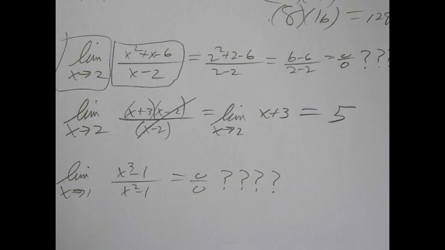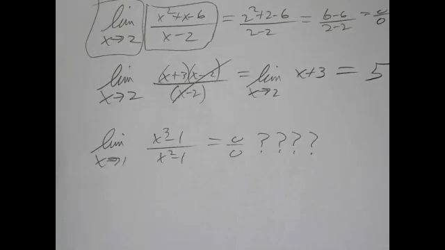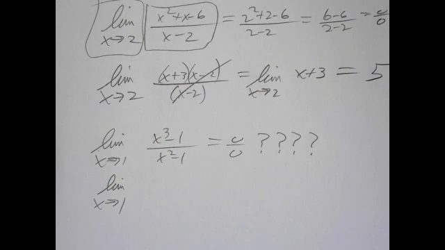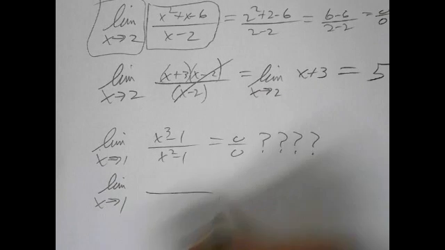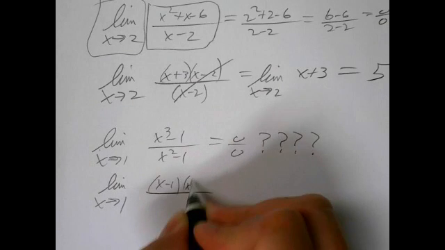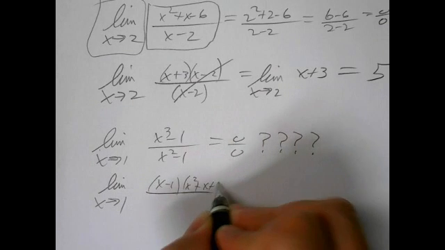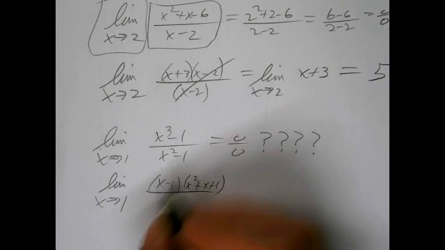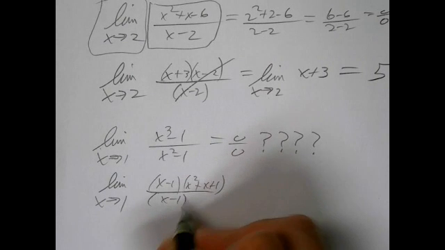It could be about anything. So, again, remember, folks, you know some algebra. The numerator factors as x minus 1 times x squared plus x plus 1. And if you don't remember how to factor a difference of cubes, I suggest you go figure it out. Go look it up. The denominator factors as x minus 1 and x plus 1.